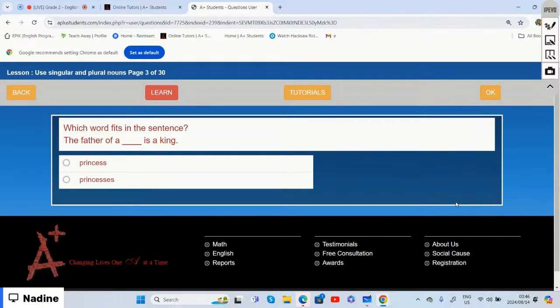Do we say a princess or do we say a princesses? And if we were to choose the correct one, we will say the father of a princess, referring to one princess, is a king. So well done.